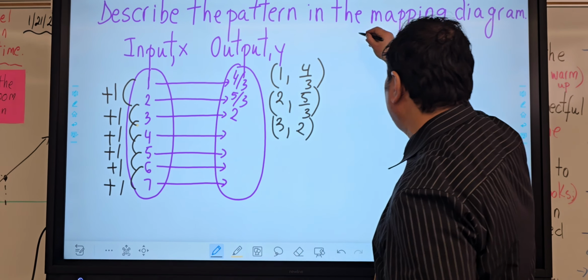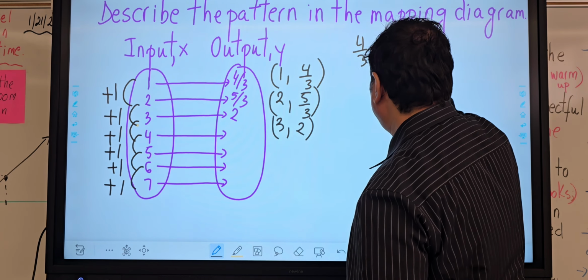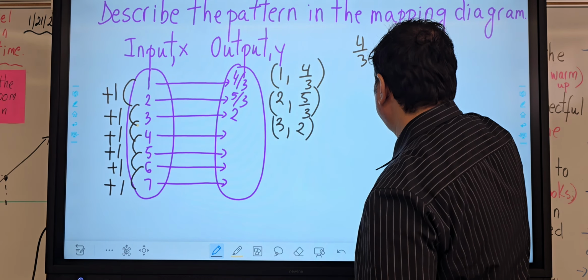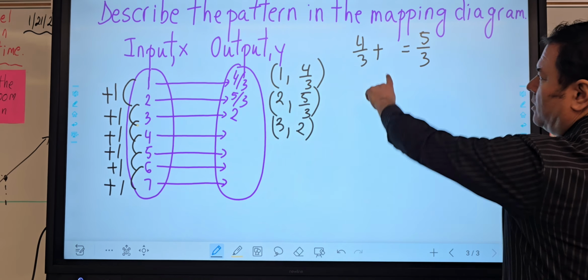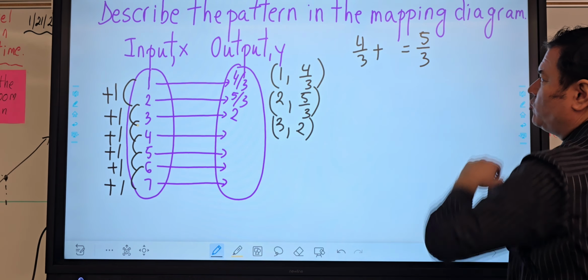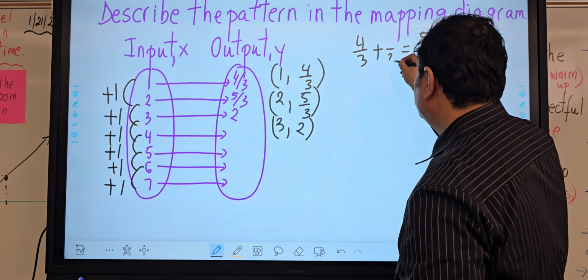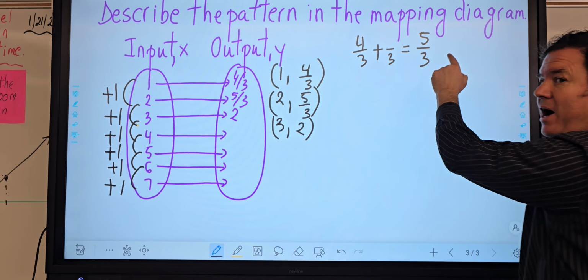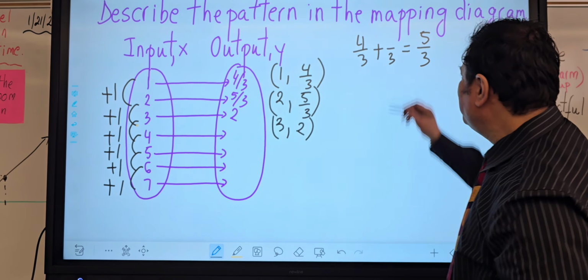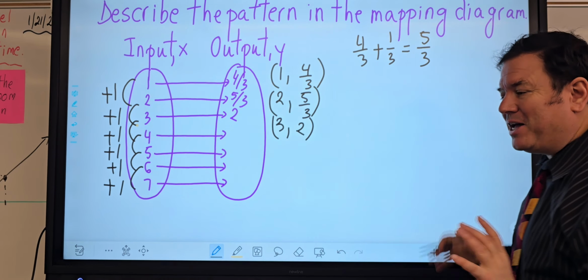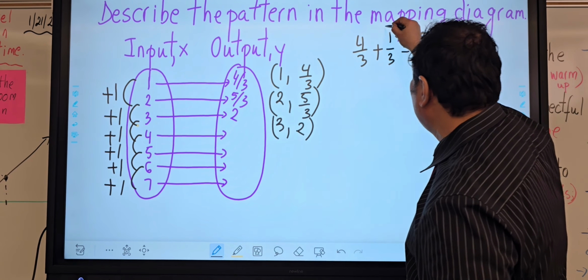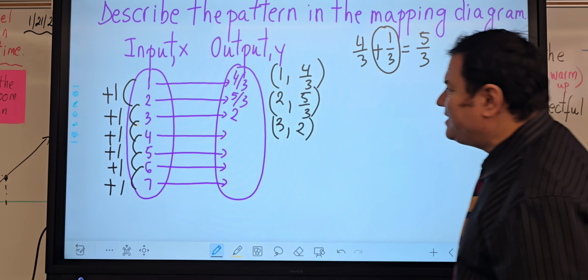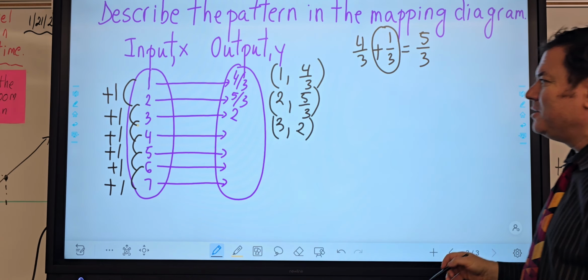We have 4/3. Let's see how much we have to add to 4/3 to get to 5/3. So obviously the denominator should be the same, so it stays the same. Now what do I need to add to 4 to get to 5? That's a 1. So the magic number is 1/3. Let's see if that is going to work.